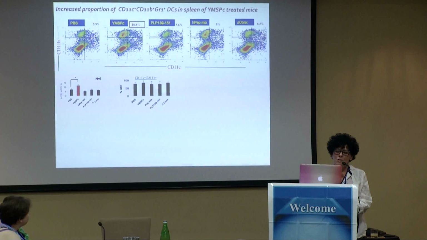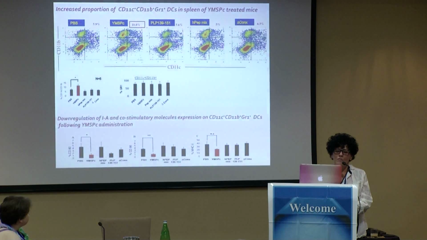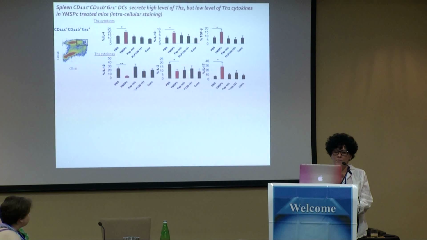We here also show downregulation of the co-stimulatory molecules on the CD11b GR1 dendritic cells following treatment with YMSPC. And this suggests less stimulatory and more regulatory function. So we then analyzed CD11c, CD11b, GR1 intracellular cytokine expression following treatment with YMSPC.